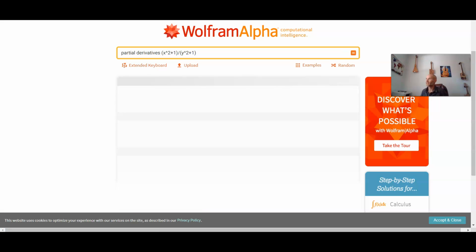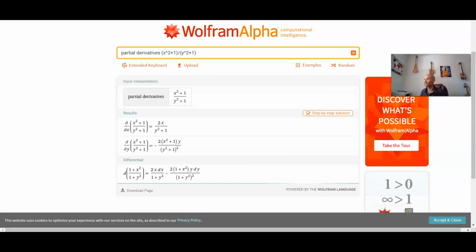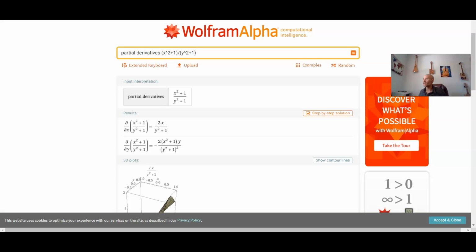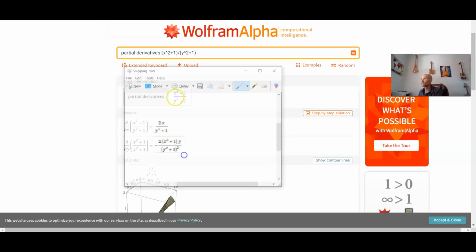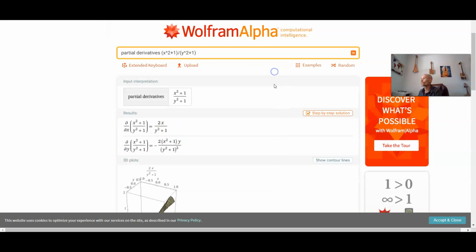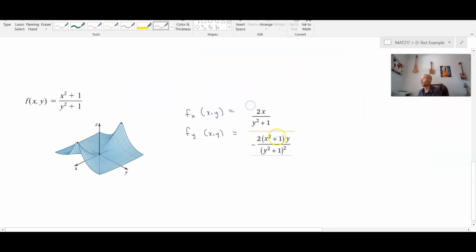You don't necessarily have to have that there as long as you type in partial derivatives. And you can see that we get them to be here and here. Now, that would require a little bit of work in order to obtain those partial derivatives, but here they come pretty much free of charge. So the partial derivatives with respect to x and y are here. Okay, so there we go.